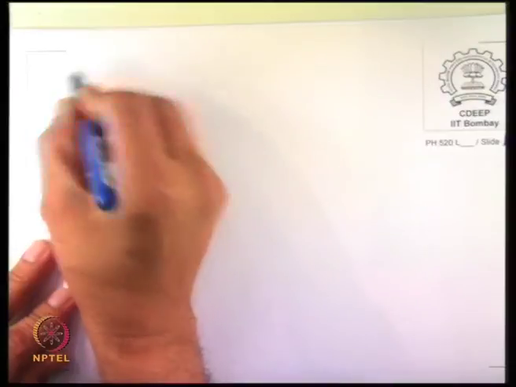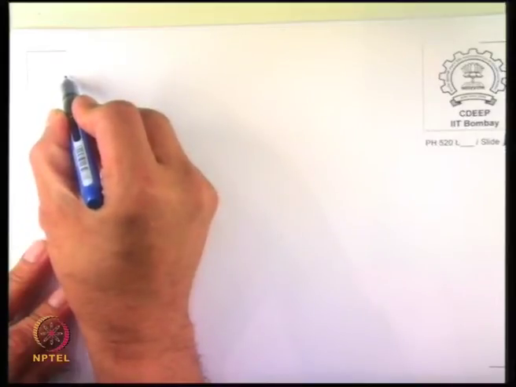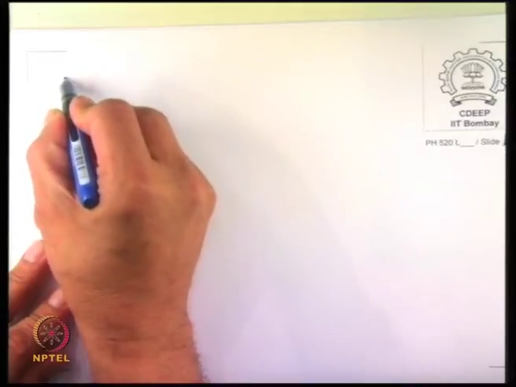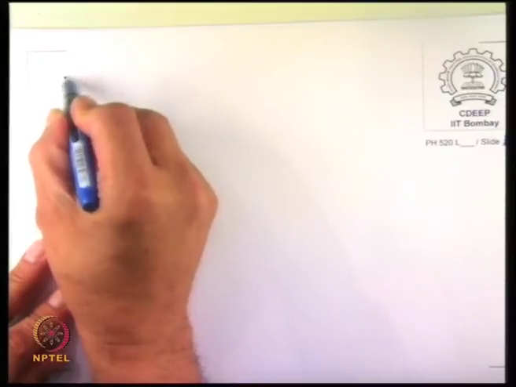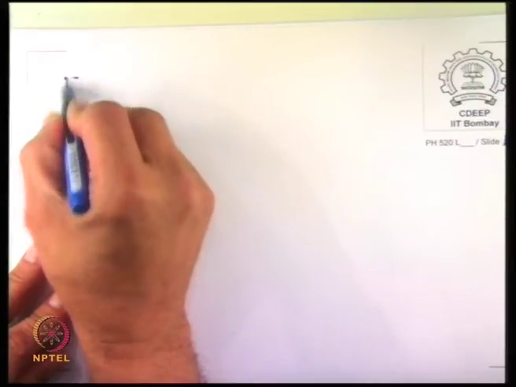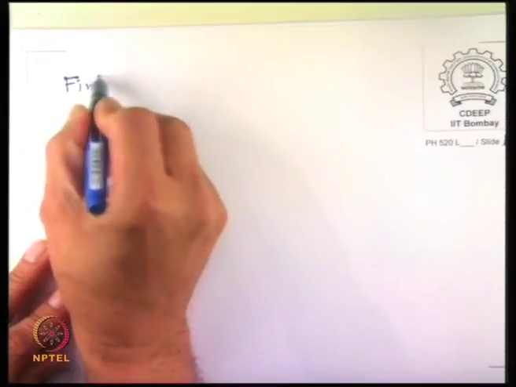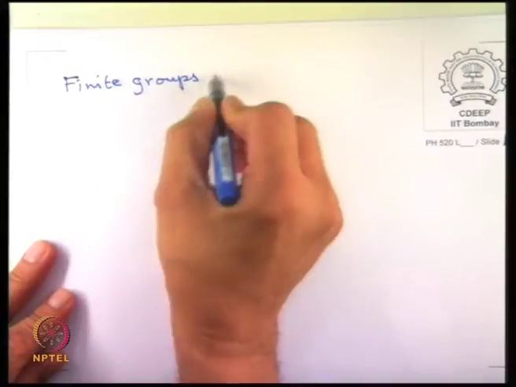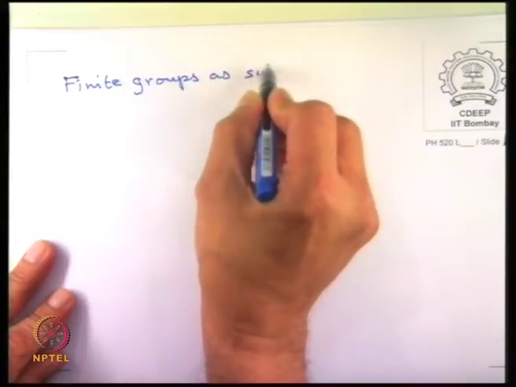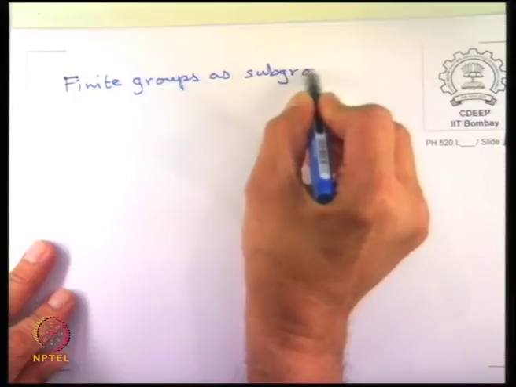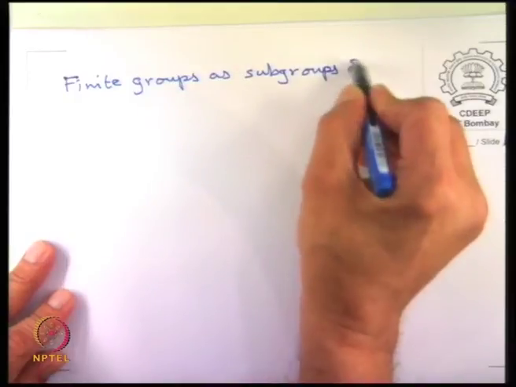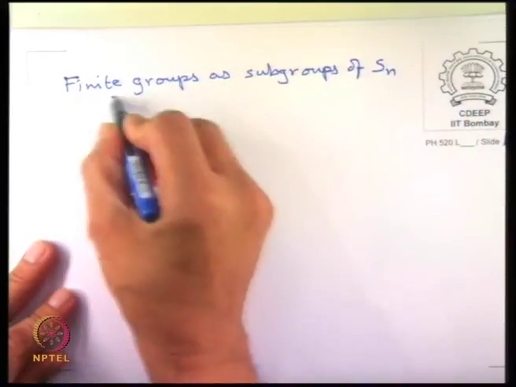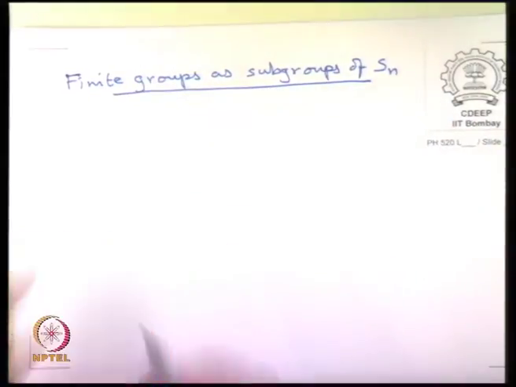So, let us start by saying representing finite groups as subgroups of Sn for some n.